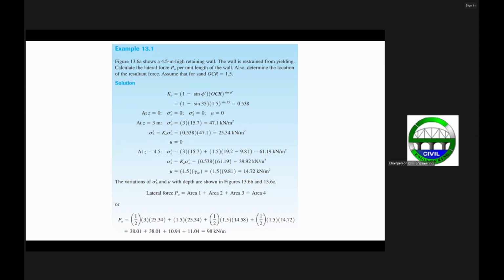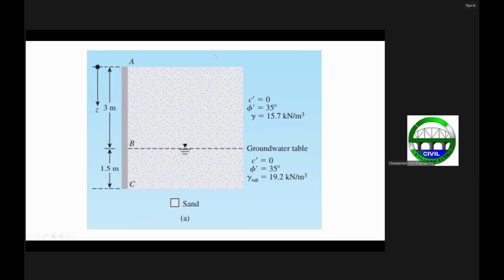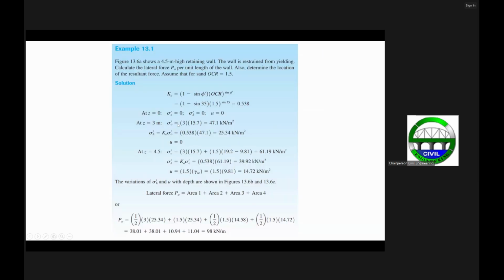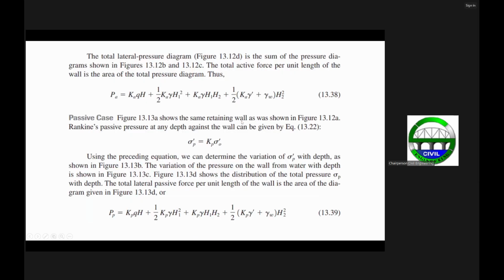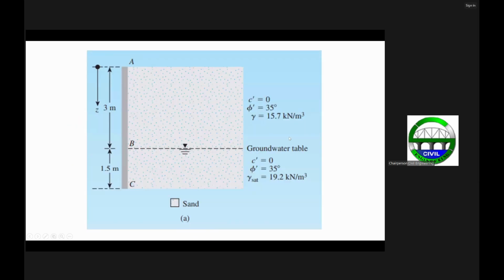Since there is no surcharge load, at depth C the overburden stress is equal to zero, the horizontal effective pressure is zero, and the pore water pressure is zero because it is above the groundwater level.